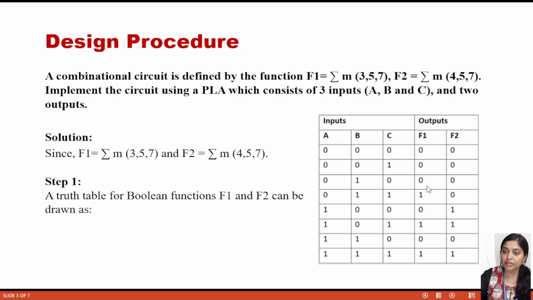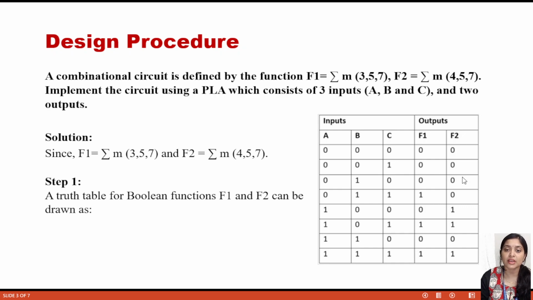In the positions 3, 5 and 7, F1 is 1, so here also it is mentioned like that. F2 also, wherever it is 4, 5 and 7 position it is 1, so F2 also is mentioned like that.